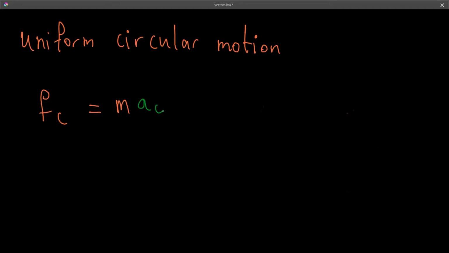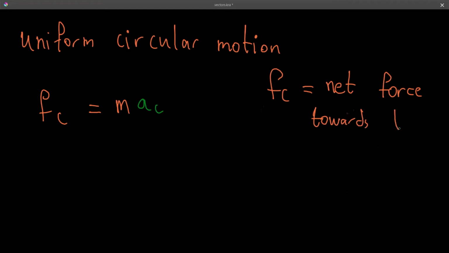So we said that F centripetal is equal to the mass times a centripetal. What is F centripetal? F centripetal is the net force. So let's define that: F_c is the net force that points towards the center.